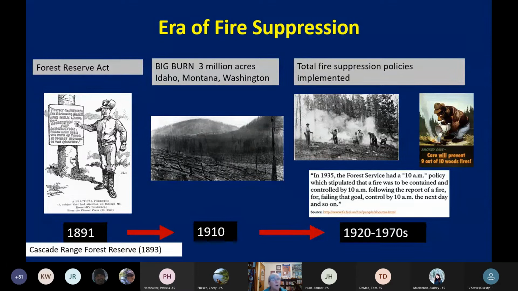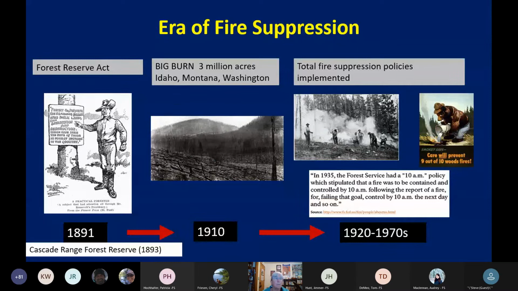So in 1891, the Forest Reserve Act was set up to do just that. And locally in our area in 1893, the Cascade Range Forest Reserve was formed. And that spanned pretty much from the Columbia River to almost all the way down to the California border. And it was modified in the future.